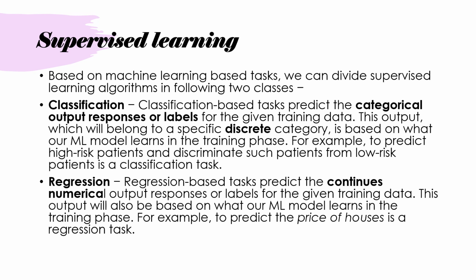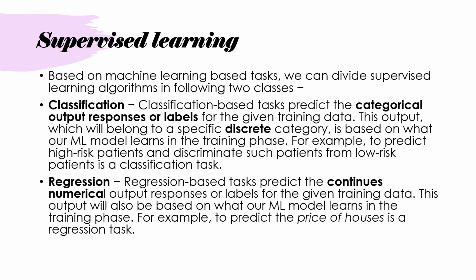For example, if you want to predict whether someone will click your ad or not, the output will be a yes or no type answer. For this kind of task, we can go for classification supervised learning. But in the case of continuous numerical output responses, where the labels for given data are infinite, we have to choose regression.